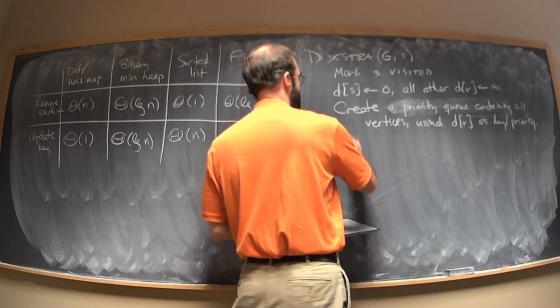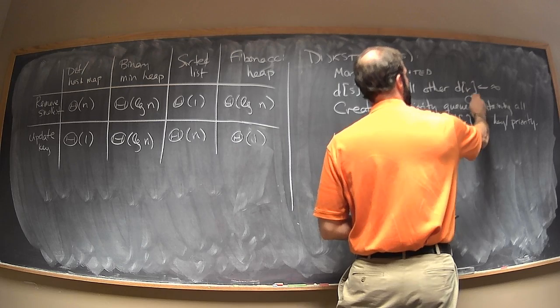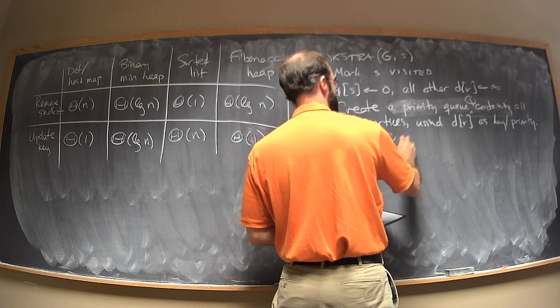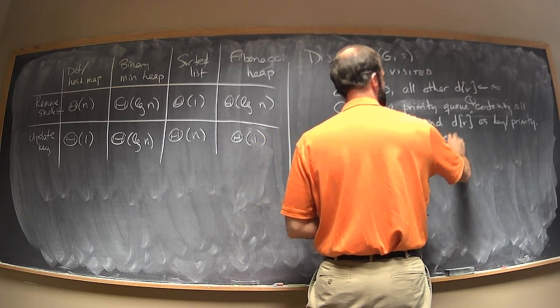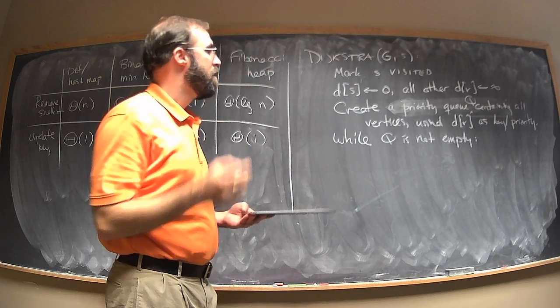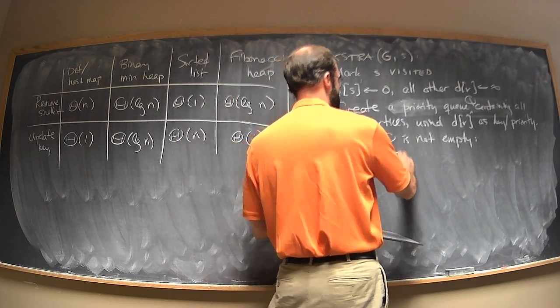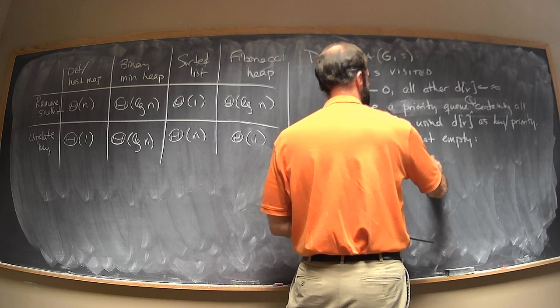So while, I guess we'll call it Q, while Q is not empty, we are going to remove the smallest thing. We'll say Q dot remove min.